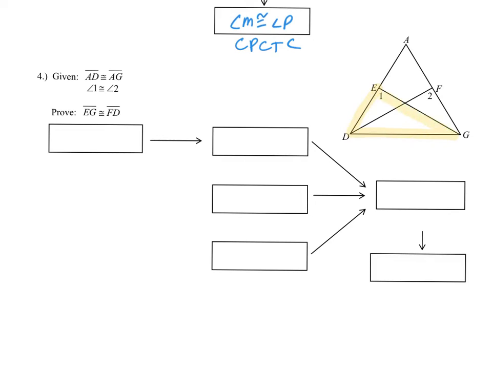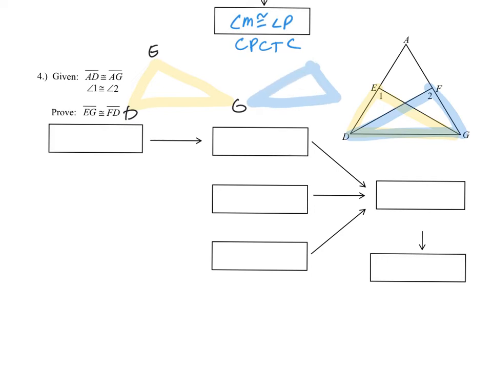So I'm going to redraw that over here, and this is really important. Make sure that you label it. So this is triangle EDG. And then the other triangle we're going to prove congruent is this one, FGD. So I'm going to redraw it, and again label the parts.